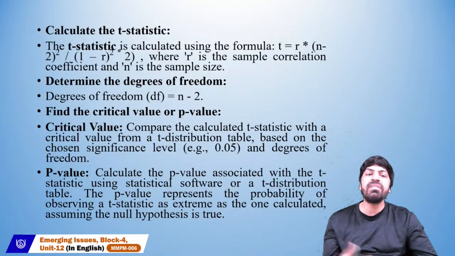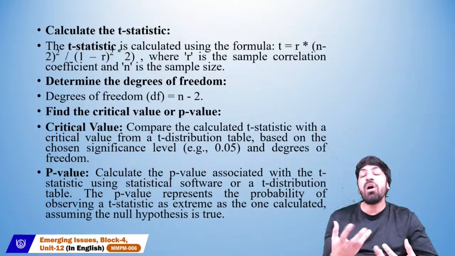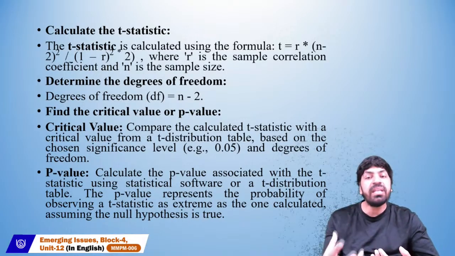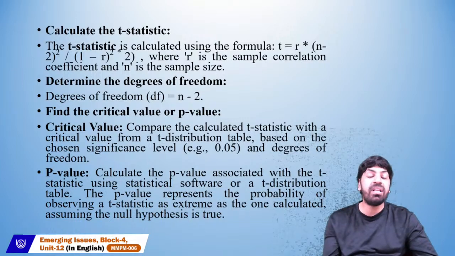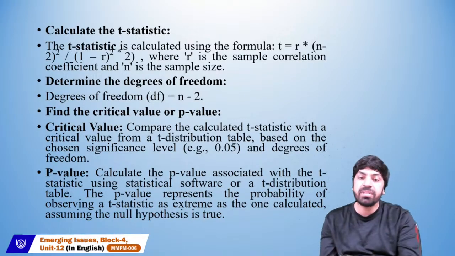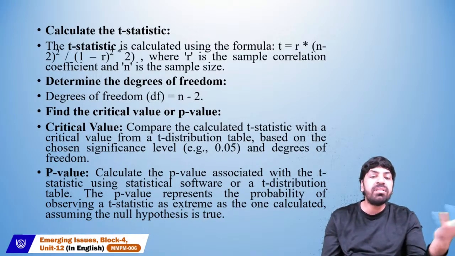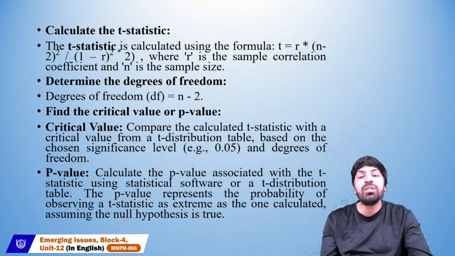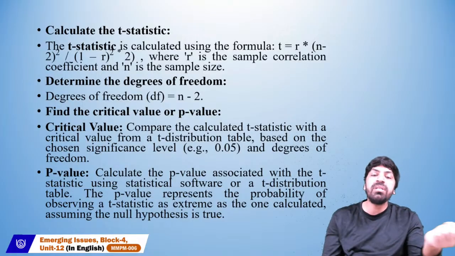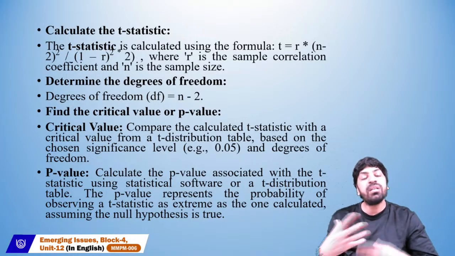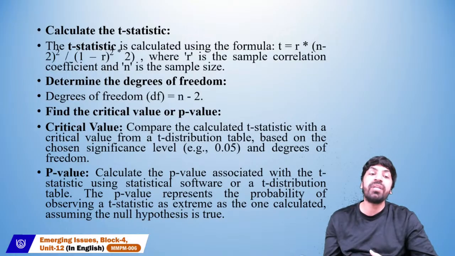As I already mentioned in the previous session, the significance level is also called the alpha level, which is taken as 1% or 5%. It is mentioned in the question, or you can opt for 1% or 5% depending on the choice you are willing to take to interpret your results.